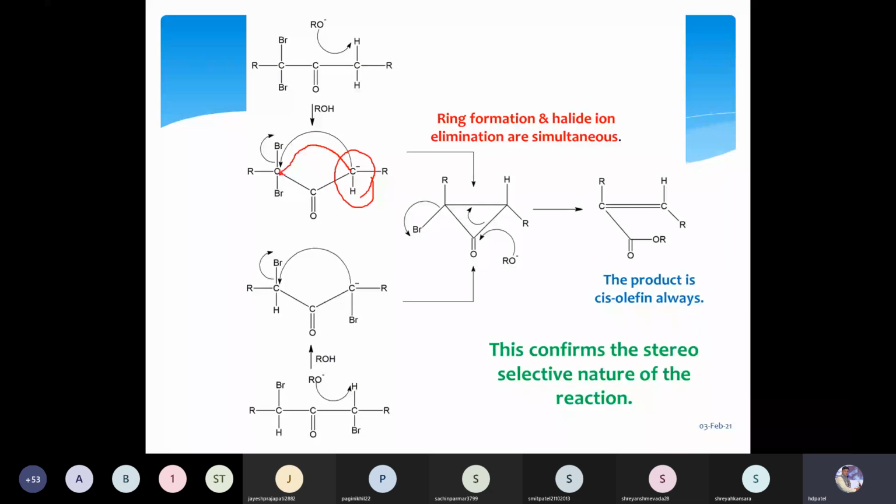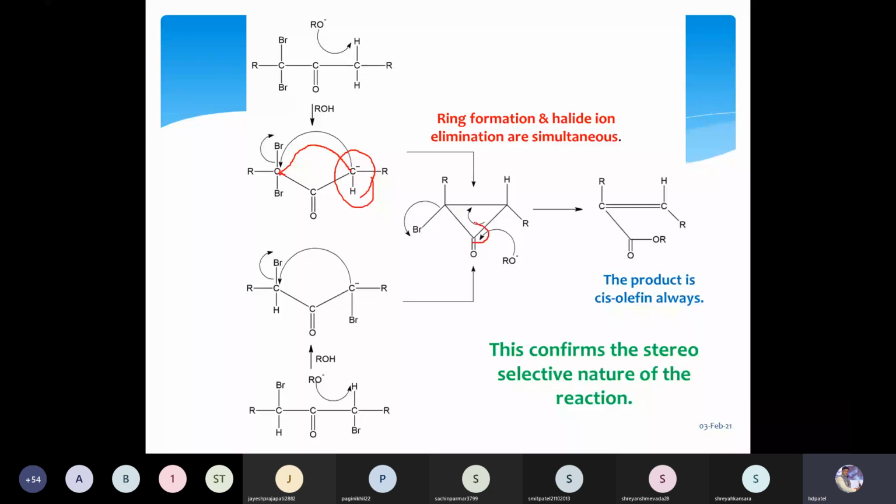Now in the cyclic structure, another halogen is also present. That halogen has a tendency to pull electrons, so this carbon becomes positive. When this carbon becomes positive, it will pull electrons from this bond. Why this bond? Because OR minus is there, and that OR minus will attack on the carbon of the carbonyl group.